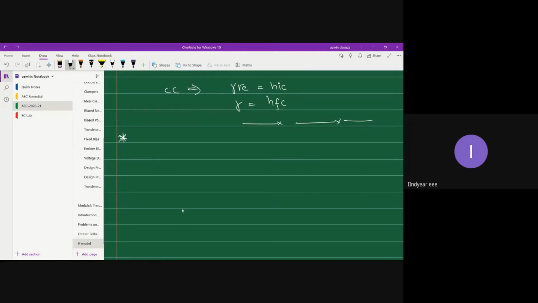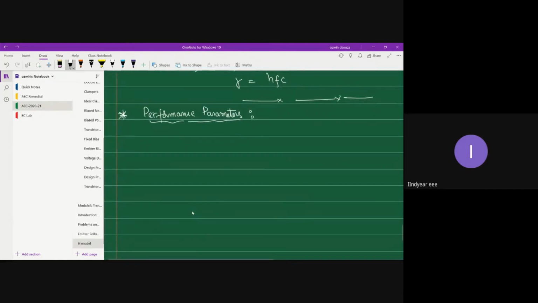Next up is performance parameters. For performance parameters, let us consider source resistance RS as well as load resistance RL.